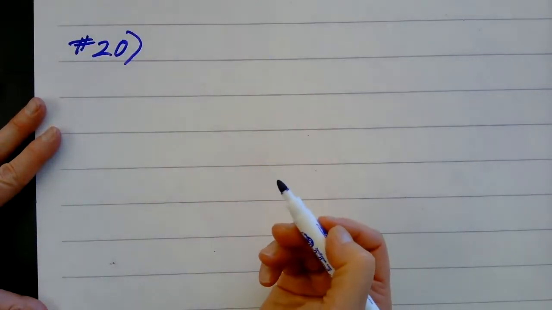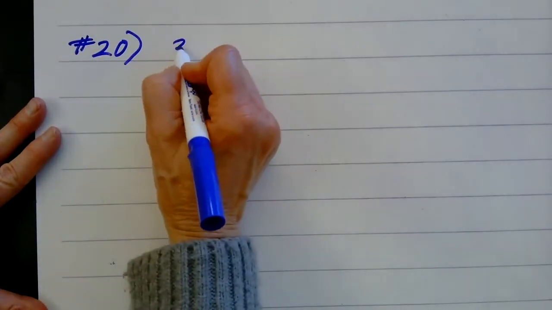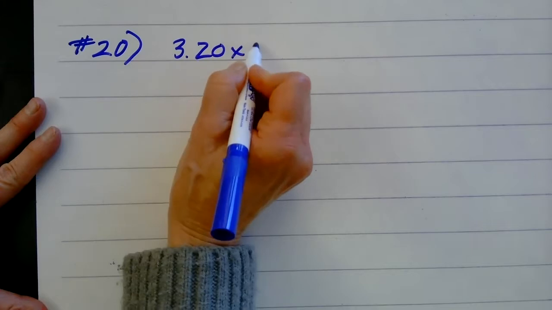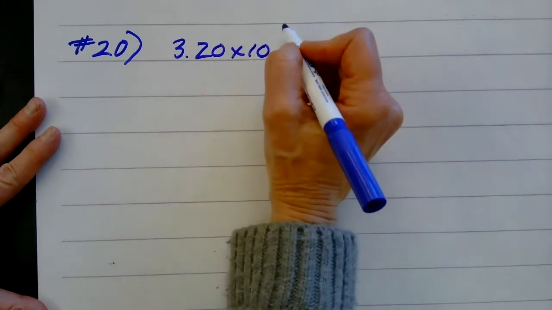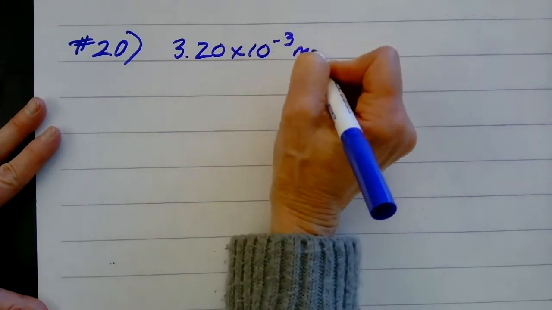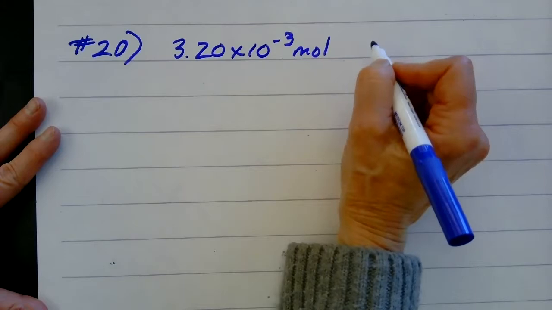This is question number 20. And we have 3.20 times 10 to the minus 3rd moles of CO2.